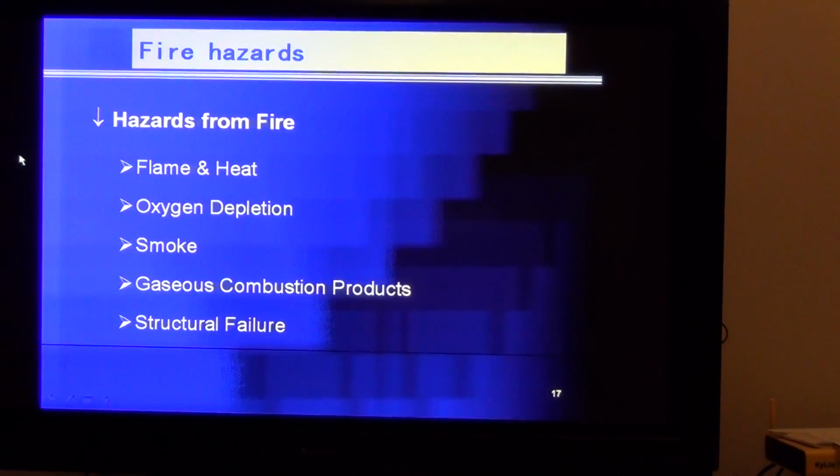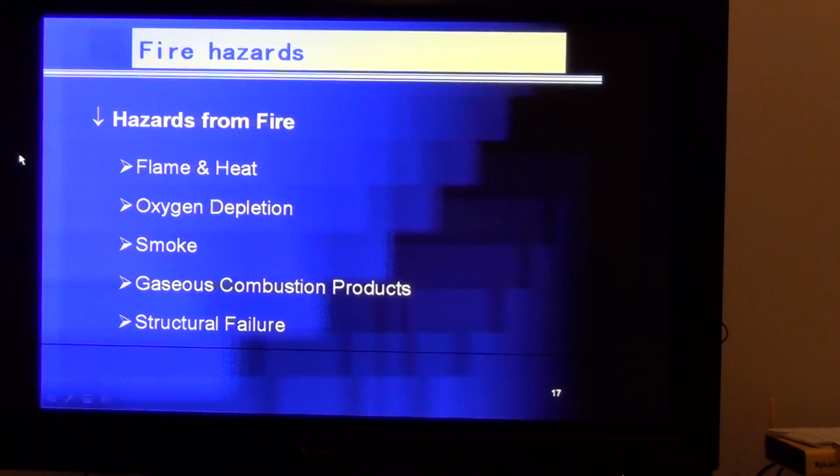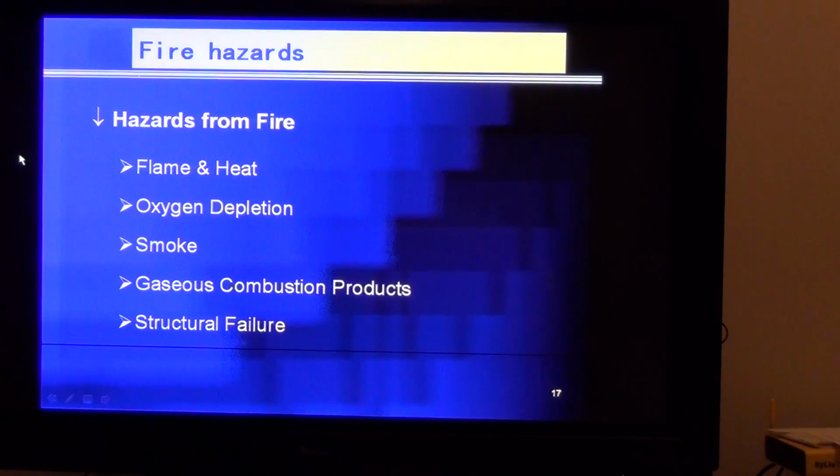First one is flames and heat. The second one is oxygen depletion. The third one is smoke. And the fourth, gases, combustion products. The fifth is structural failures.